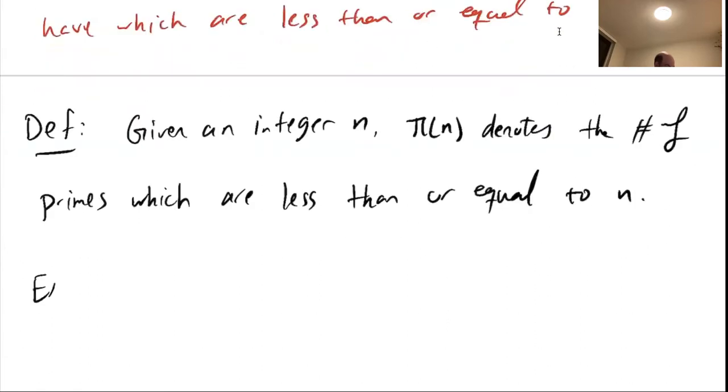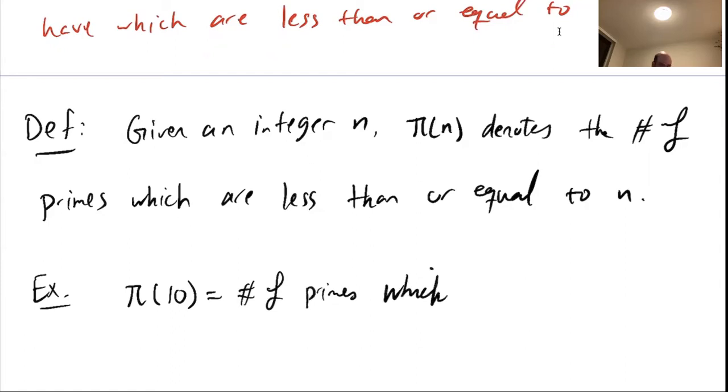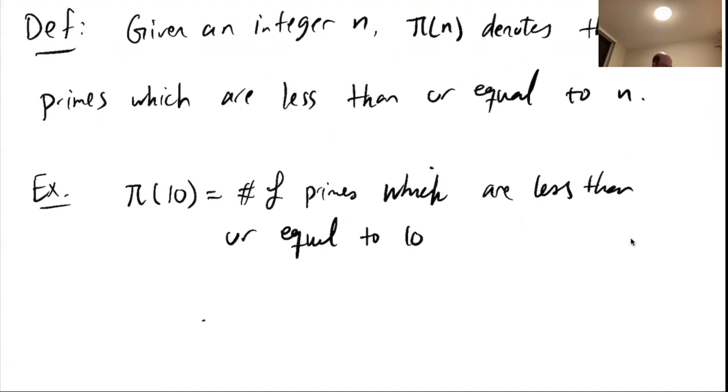So for example, pi of 10 is equal to the number of primes which are less than or equal to 10. And how many primes do we have that are less than or equal to 10? That means the number of elements in the set 2, 3, 5, 7.